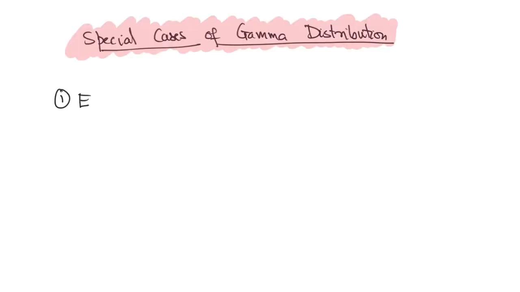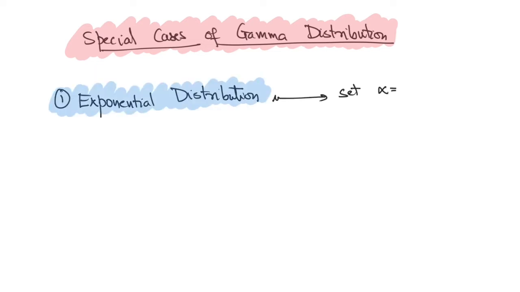There are two special cases of the gamma distribution that we will be interested in. The first is the exponential distribution. This is obtained from the gamma distribution by taking the shape parameter alpha to equal 1 and the scale parameter to equal 1 over lambda.